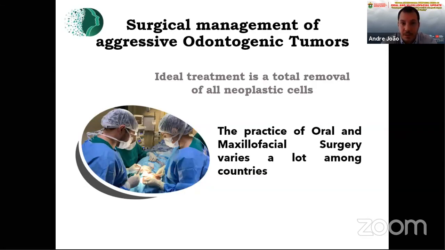So to place you in terms of context, my talk is about the surgical management of aggressive odontogenic tumors. Basically, I'm going to use ameloblastoma, that João was talking a lot about before, because it's the most significant, and it's very aggressive. And it's a good example of an aggressive odontogenic tumor.